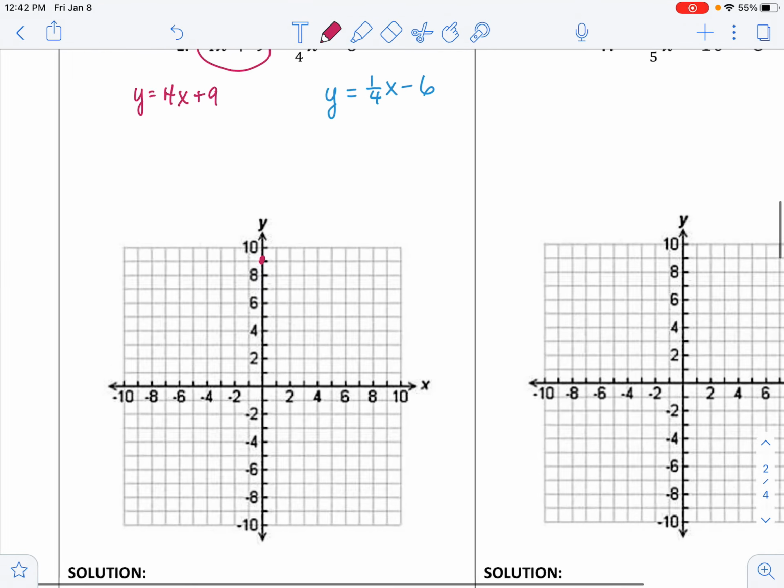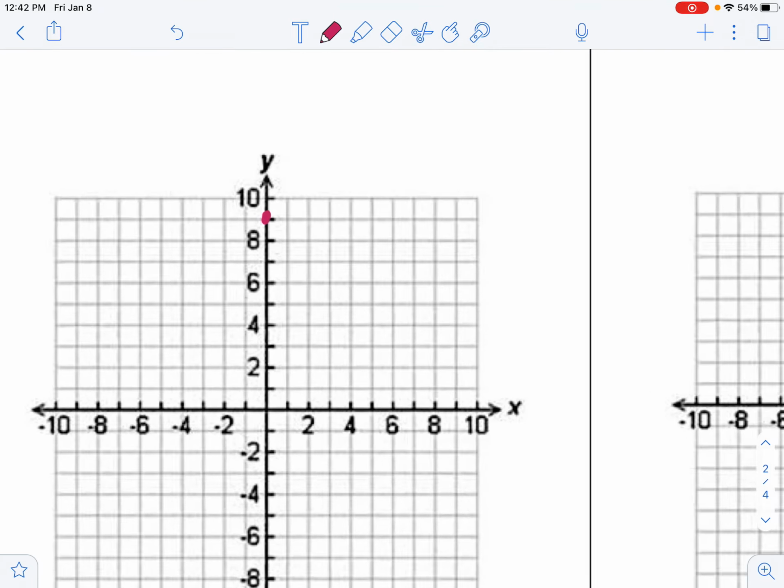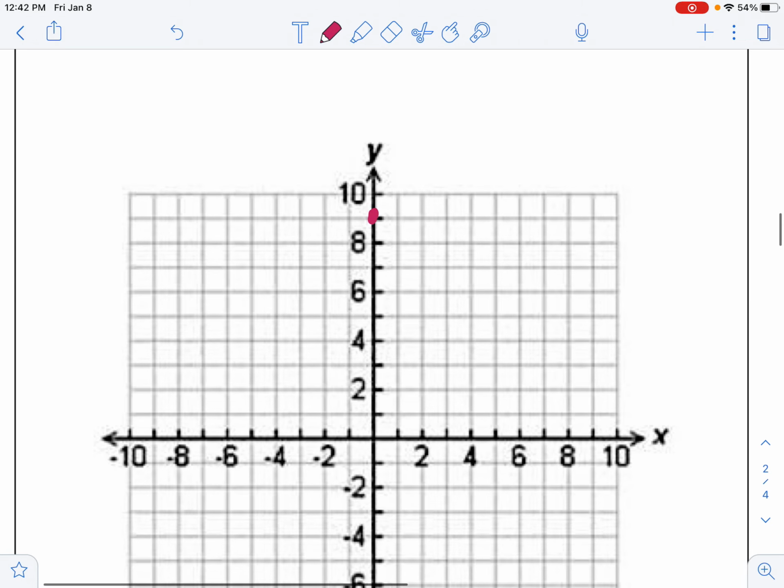So a positive slope of 4 means your line is going to rise from left to right. I don't have enough room to go up, so I'm going to go down 4. Here, I'll get a highlighter. Go down 4 and to the left 1. And then do that a few more times.